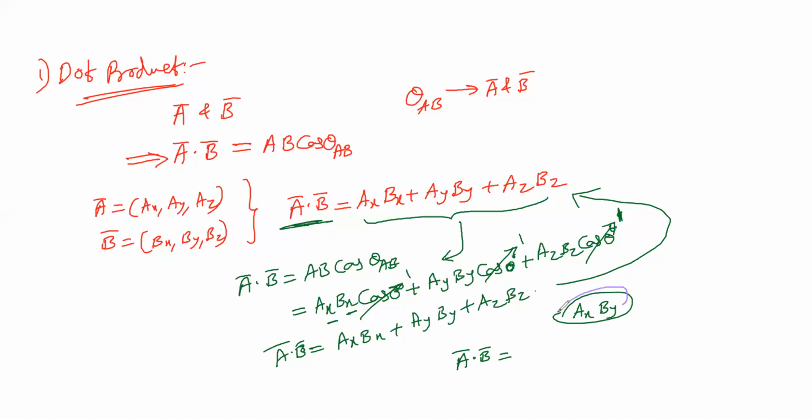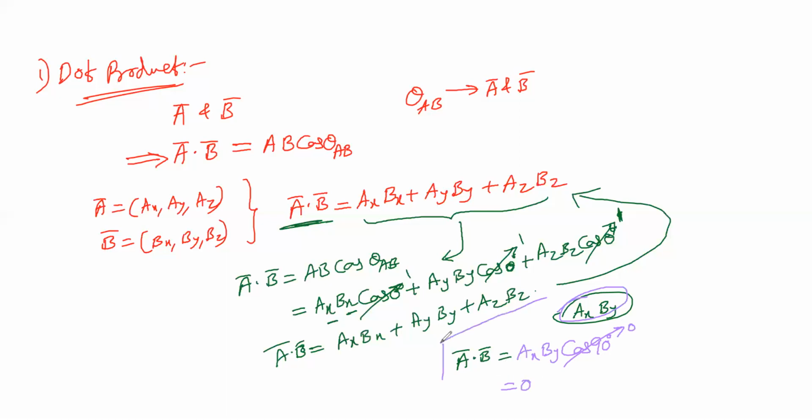Here we write Ax followed by By, with the magnitudes, followed by the cosine of the angle between A and B, that is Ax and By, which is 90 degrees. Obviously, cos 90 degrees is 0. So A bar dot B bar equals 0.